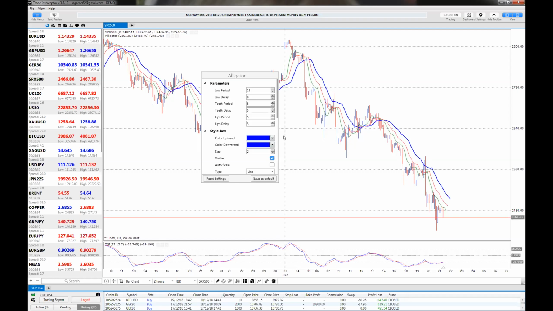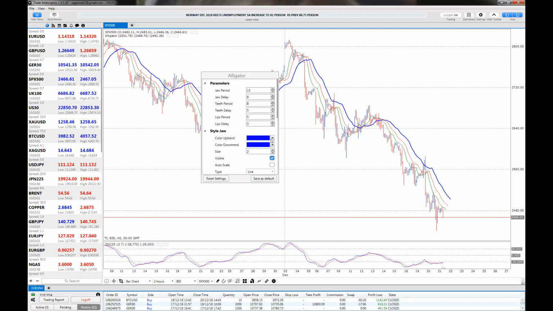We have here the parameters of the so-called jaw, teeth, and lips. So the three different moving averages are called jaw, teeth, and lips. That's why it's also called a mouth. Three different colors, of course, three different time periods.